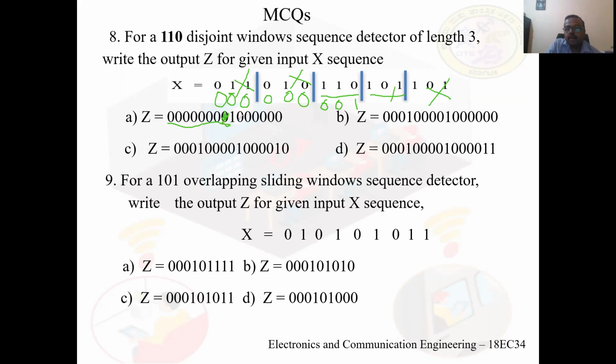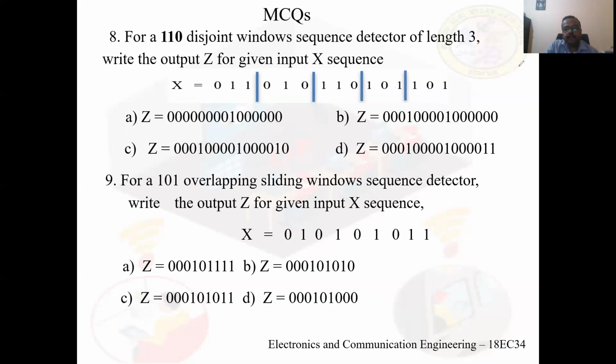Yeah, correct, we have it as 1 here. 8 zeros and 1 we have it here. So this is the correct option. Here we have 2, we don't get 2, this is not the correct one. Similarly this is also not, this is also not. So the correct option for the 8th question is A.